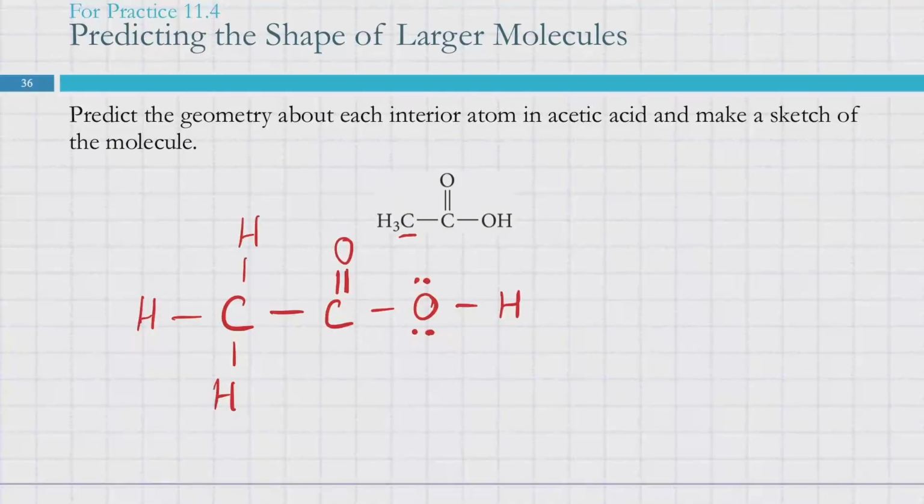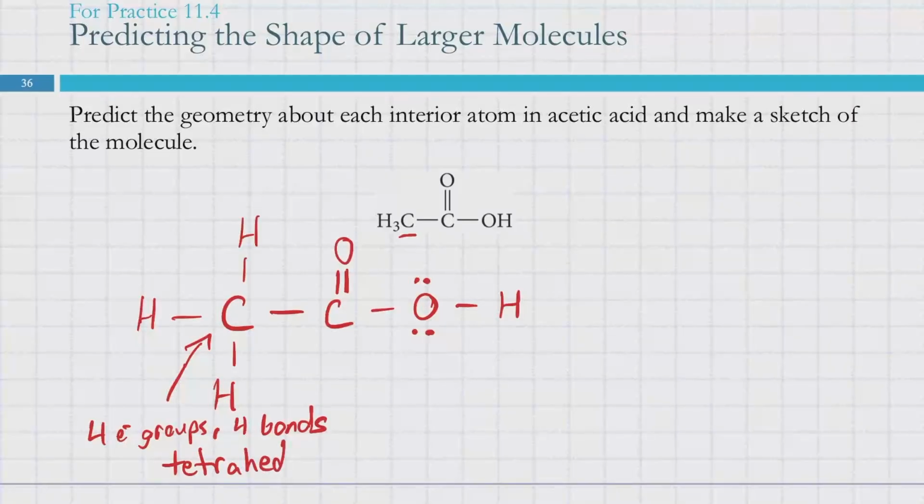So looking at our left carbon, it has 4 electron groups. It has 4 bonds. So its molecular geometry and its electron geometry are going to be the same. What is 4 groups? What's our name for that? Tetrahedral. So that's going to be tetrahedral geometry.